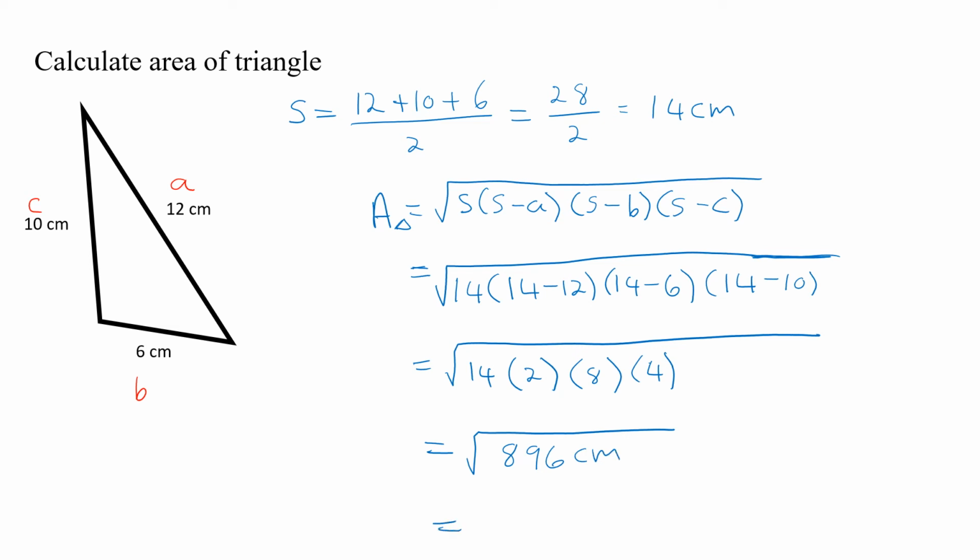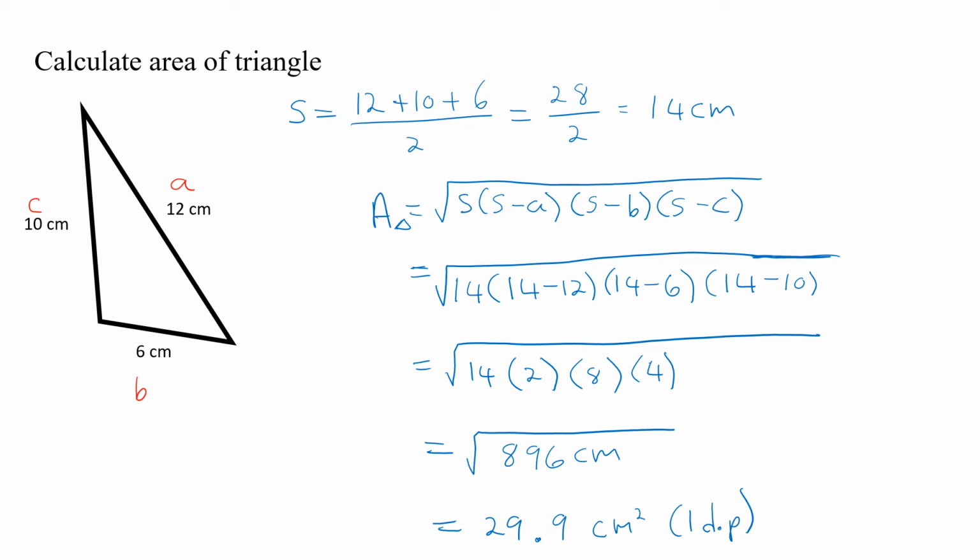And if I square root that, my answer will approximately be 29.9 cm squared, and this is of course rounded off to 1 decimal place. Yeah, so that's a second example using Heron's formula.